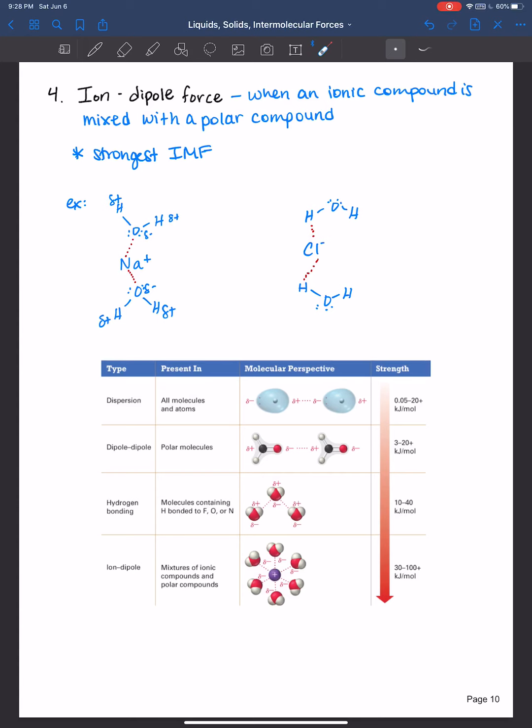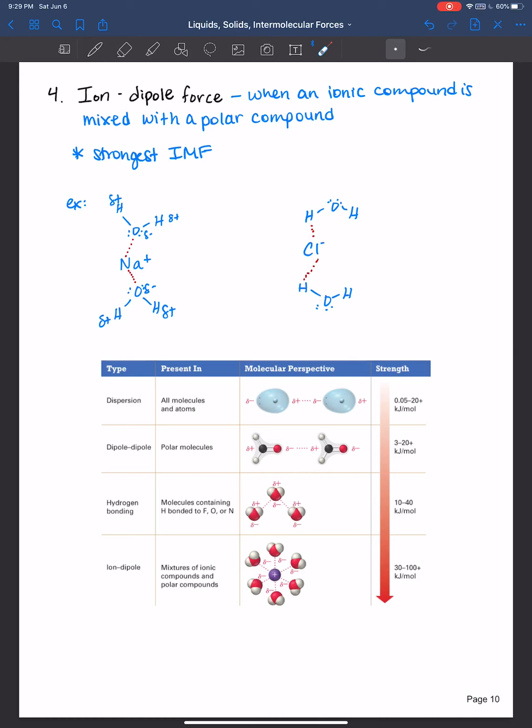Remember, this happens when molecules contain hydrogen bonded to fluorine, oxygen, or nitrogen. That's because their permanent dipole moments within the molecule are very, very strong, with good charge separation, and therefore the interactions between the hydrogen and that very electronegative atom are really strong and distinguished as hydrogen bonding. And you can see the energy associated with that.